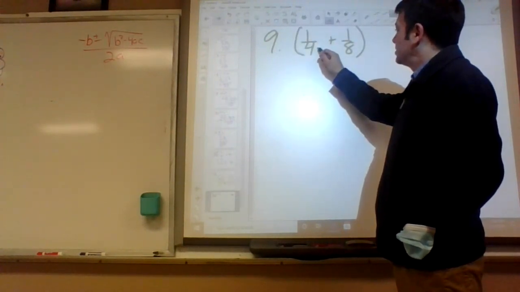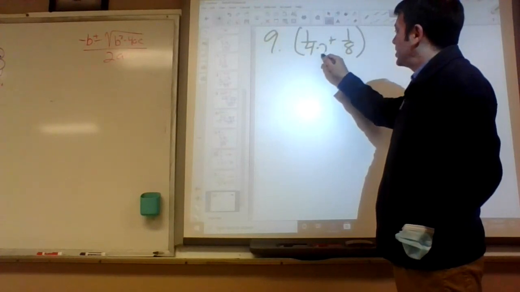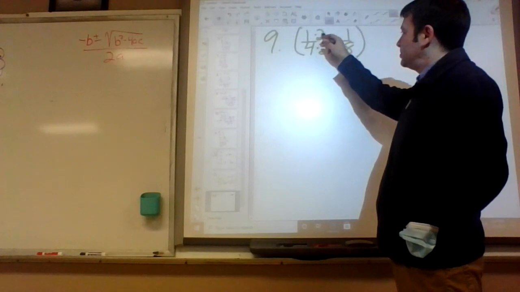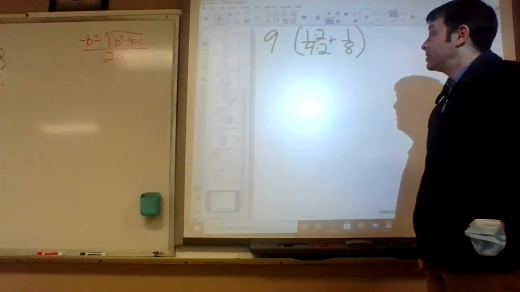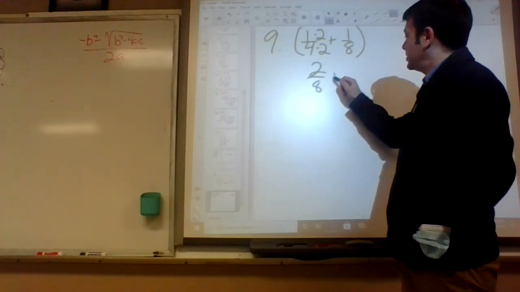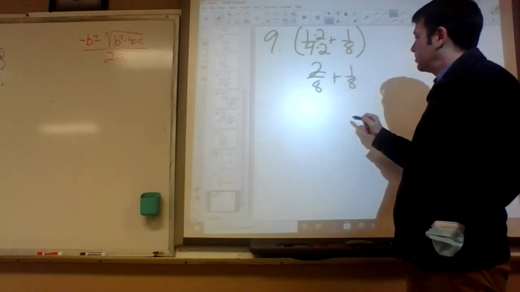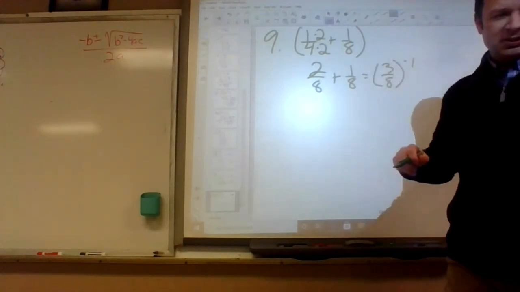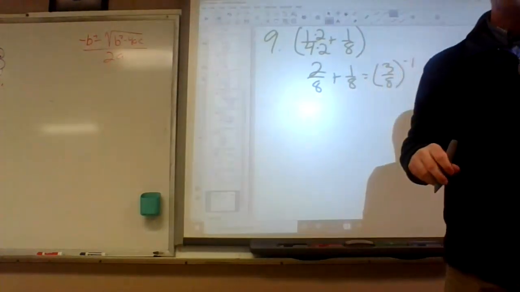You could use 36, but then you'd have to reduce it. Using the smallest common denominator is the easiest way to do it. So 2 over 8 plus 1 over 8 is 3 over 8, but all of that is to the negative 1, isn't it? 8/3. Yeah.